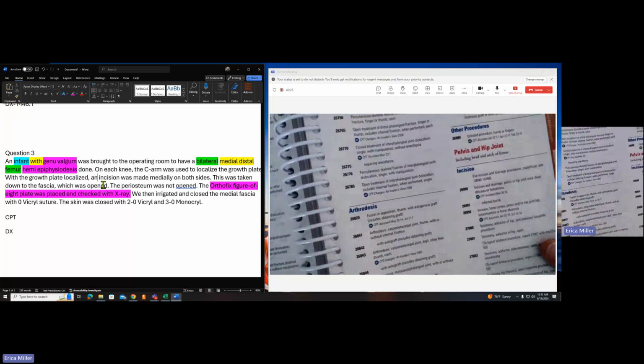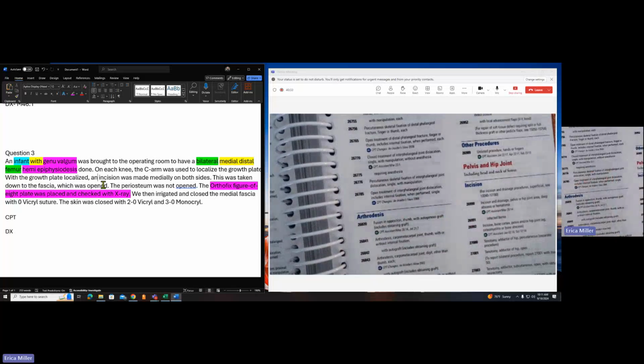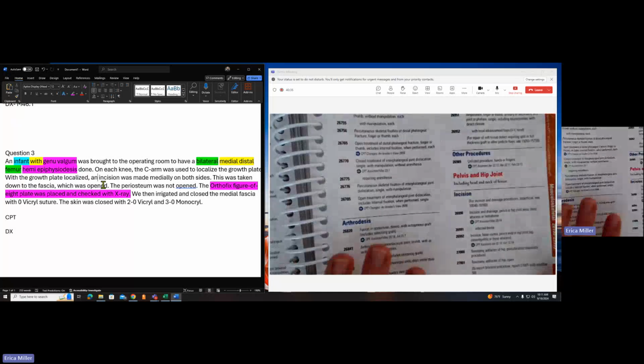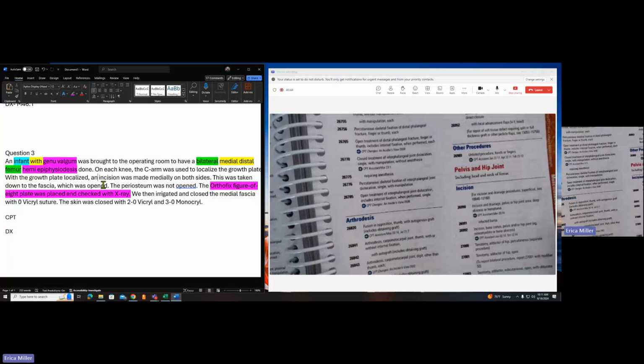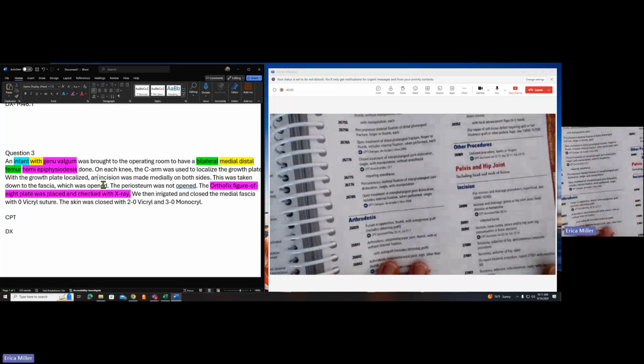So while that felt good, right? Again, this is another reason why I wanted to do this video and to demonstrate that we just don't want to go directly and just go right to the code. Get familiar with your book. Look to see where exactly that code is, what body section, right? Like bones, hip, joints, head, neck, and femur, is that particular code associated with.